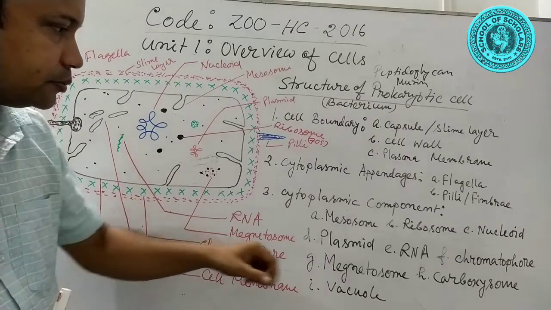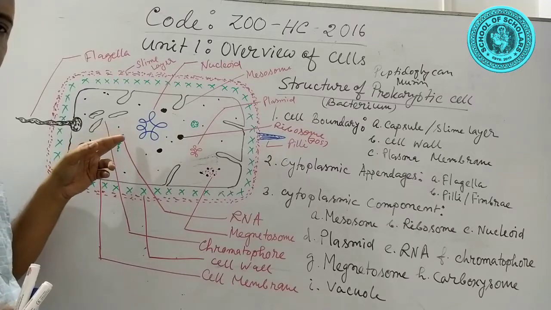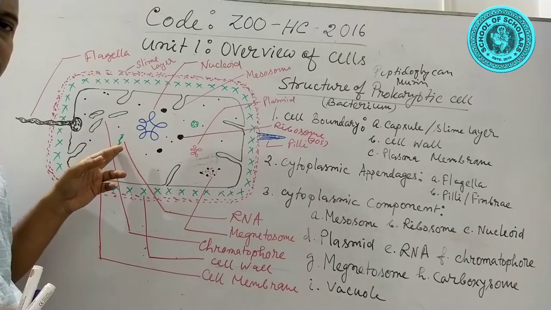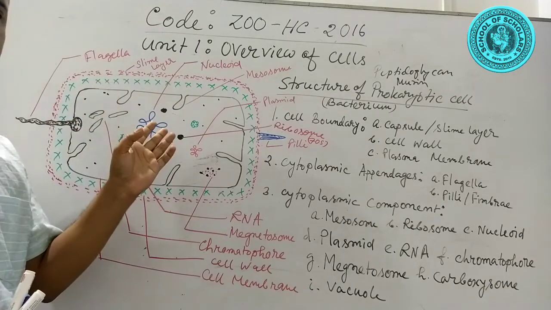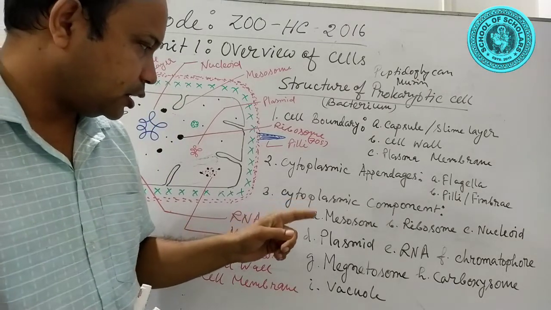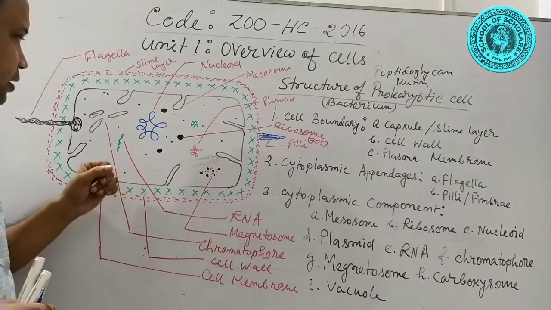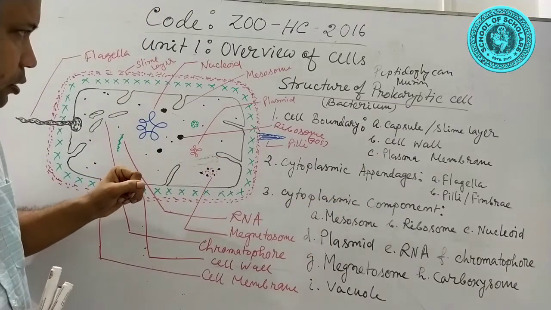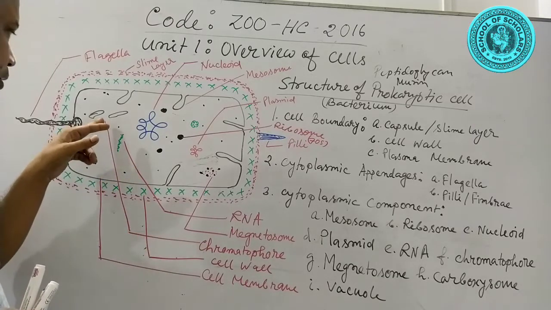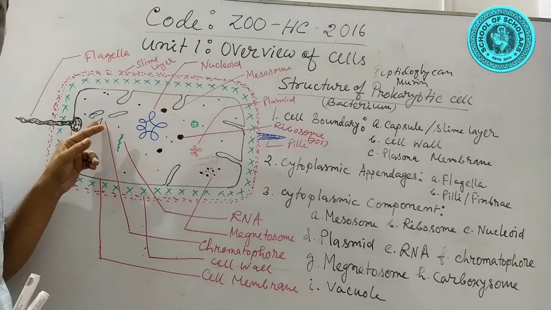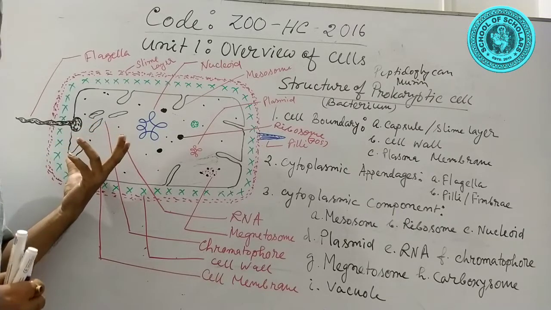Next one is RNA. This is the structure of RNA. RNA is a single-stranded structure which also helps in protein synthesis in this cell. Next one is chromatophore. If you see the structure, these structures are chromatophores. What is the main function of chromatophore, and what is it?